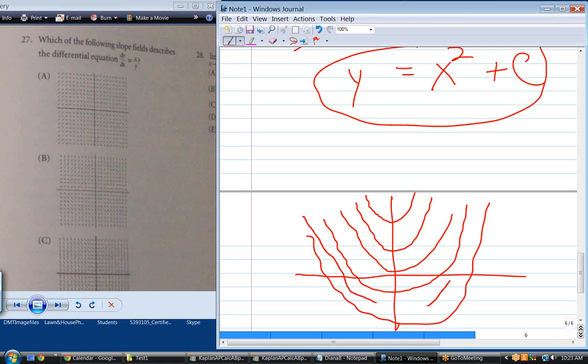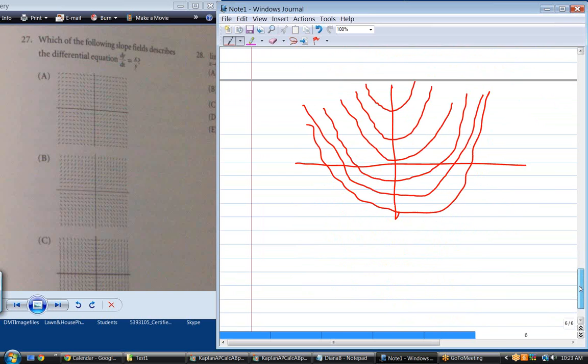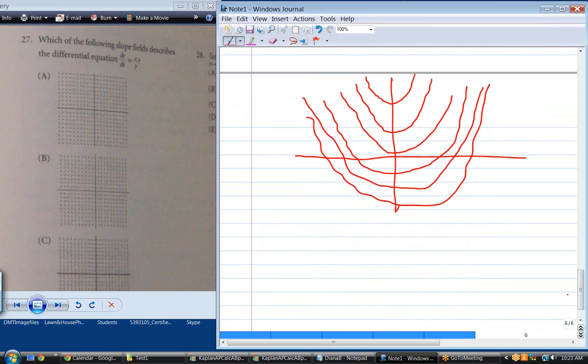Because c is a vertical shift. So I'm going to take whatever parabola I would get from y equals x squared and vertically shift it by some constant. And c can be anything. So I basically have an infinite number of these graphs, which I can now turn into what's called a slope field, where I don't actually draw the entire curve, I just draw pieces of it that approximate the slope.